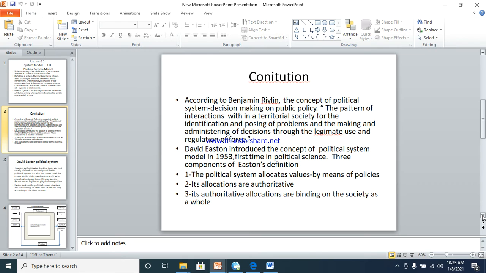The concept of political system, decision making on public policy: the pattern of interactions within a territorial society for the identification and posing of problems and the making and administering of decisions through the legitimate use and regulation of power.